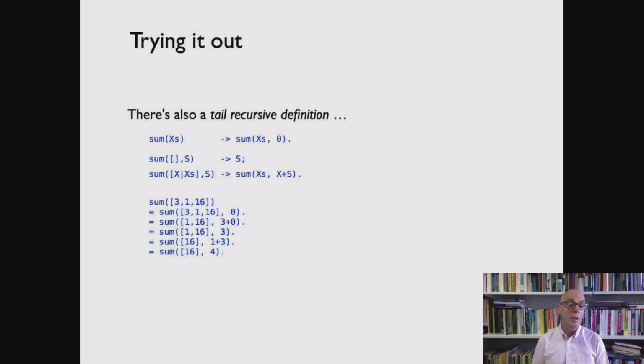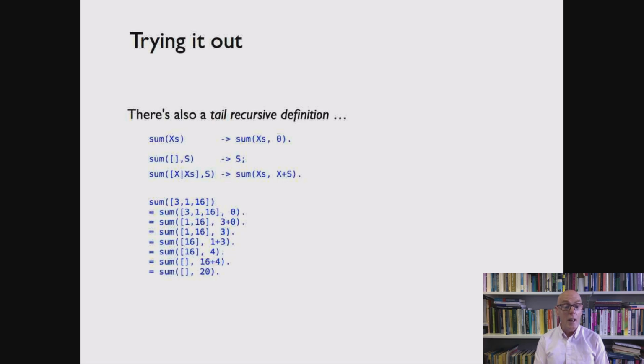Now finally we've got a sum with just 16 in it. That again matches x cons empty list, so 16 cons empty list. And so we remove the 16 and add it to the accumulator, and we get the sum of the empty list and 16 plus 4, which of course is 20.